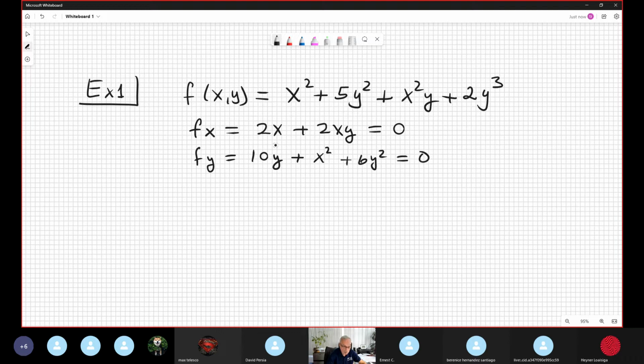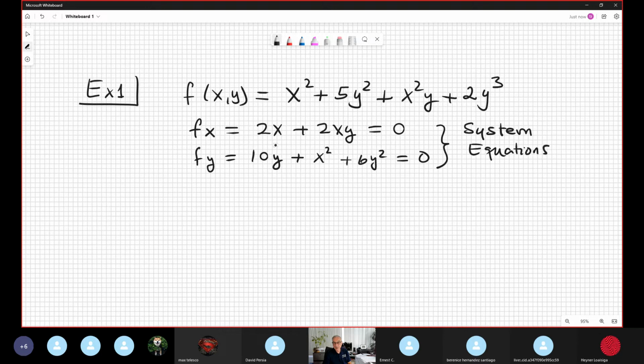And you force it to be 0. Cool. And at this moment, we have a system of equations, algebra. A nonlinear system, of course. You see exponent 2, a system of equations, wow.